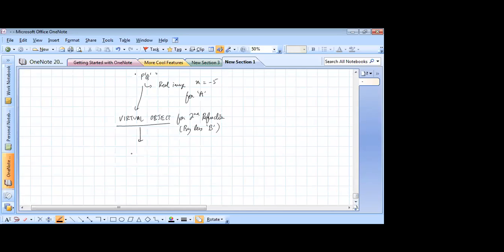So for this, we'll have to take U as plus 240 centimeters, virtual object. The focal length as plus 100.